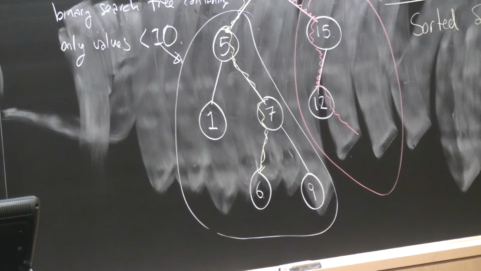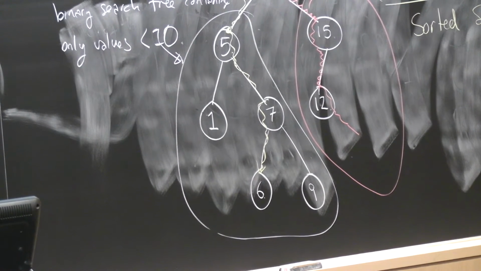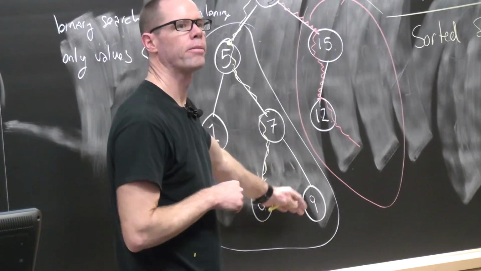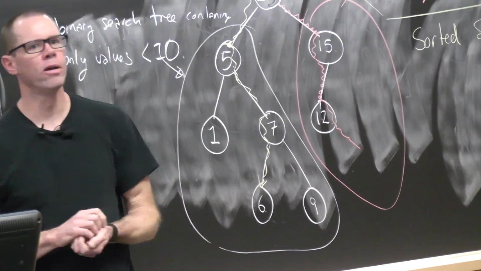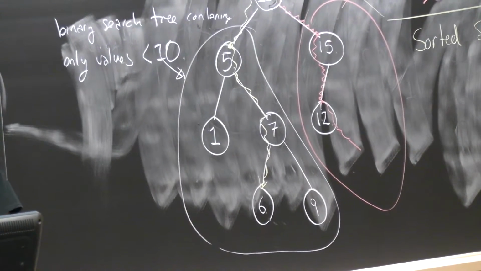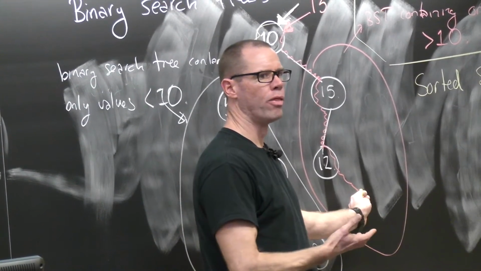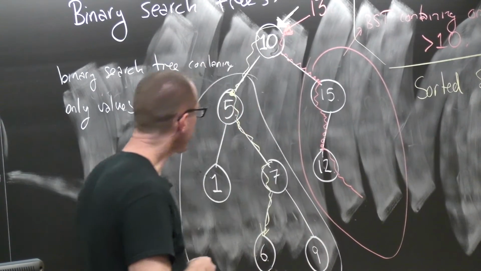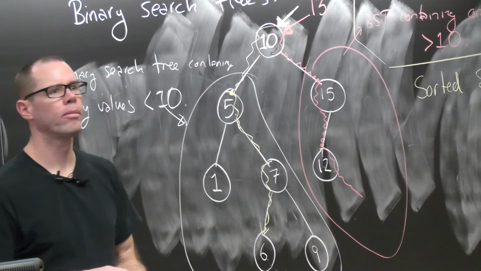So what did I learn from this? Well, I learned the obvious thing, that 13 is not stored in this tree. Is there anything else that I learned? Yeah. Here that contains 13, and the whole thing would still be a binary search tree. Anything else that I learned? Yeah.